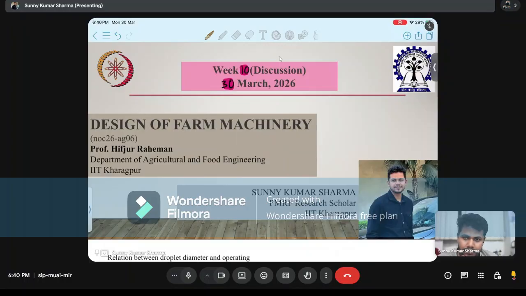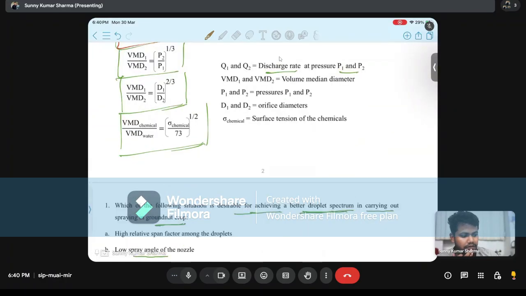Yes, so one question asked which of the following situation is desirable for achieving a better droplet of an agricultural sprayer. Important answer.